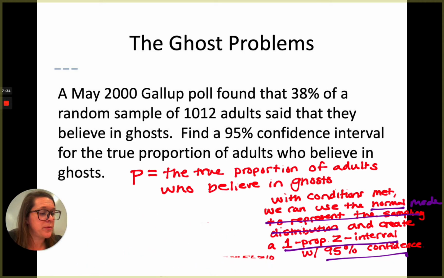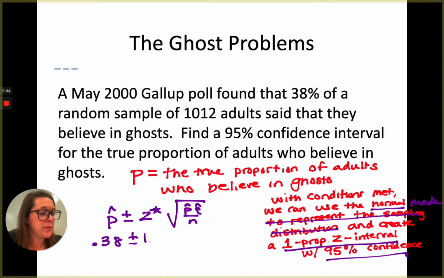So now let's actually do it. So we're using our normal model, right, to make a 1 proportion. So we got our P hat plus or minus Z crit times the square root of P hat Q hat over N. Okay, so my P hat is 0.38.